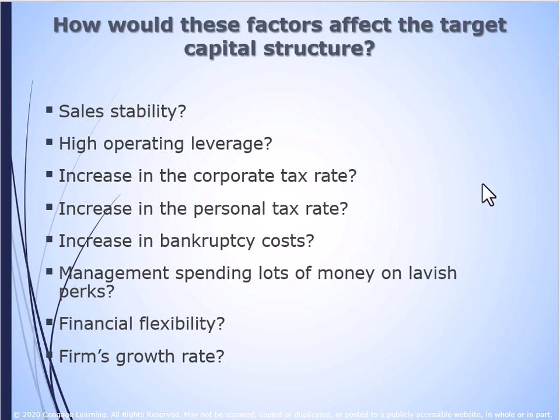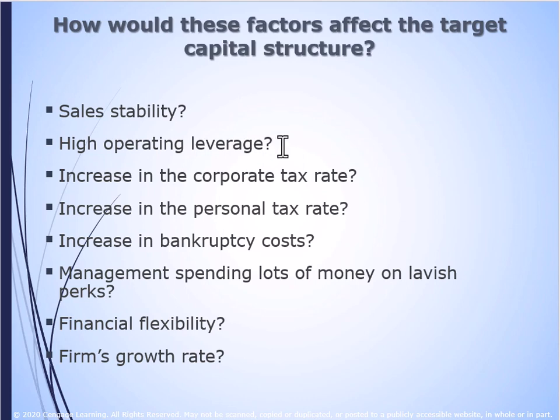So how do these factors, the ones we're looking at here, affect the target capital structure, right? Sales stability, right? The more unstable the sales, the less likely you want to have a lot of debt. What about high operating leverage? Well, let's think about this.